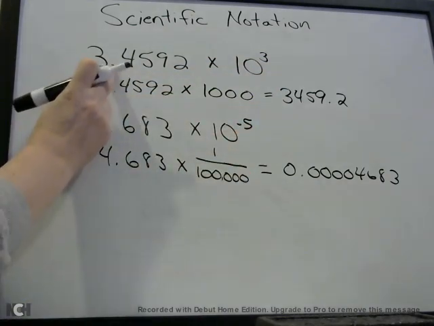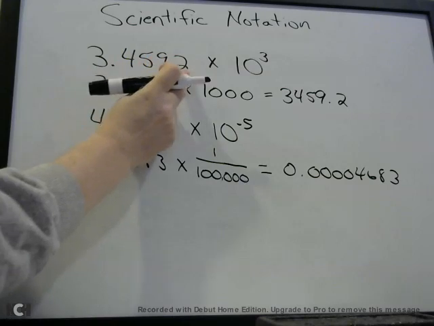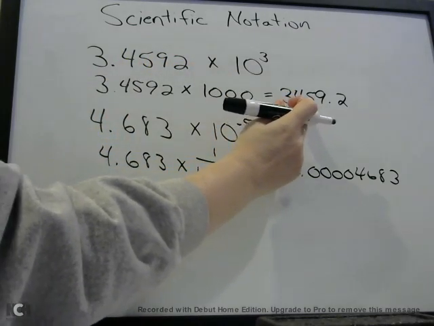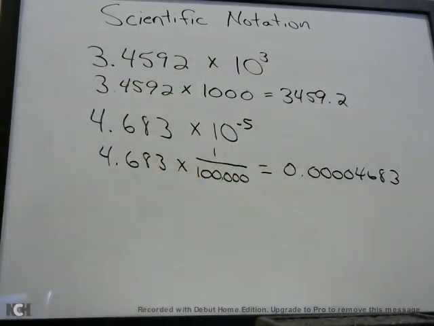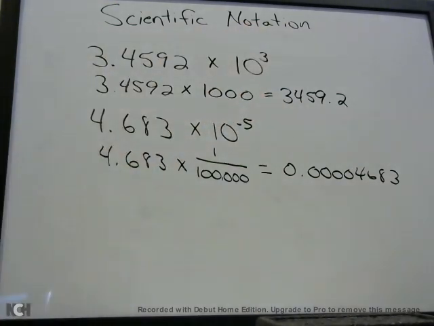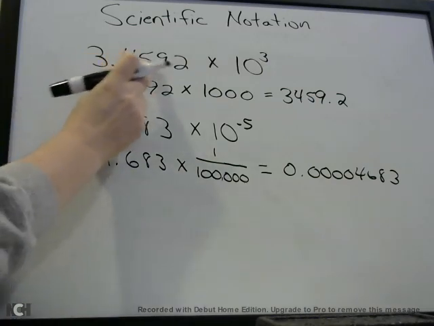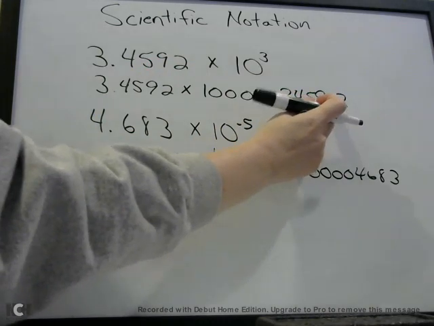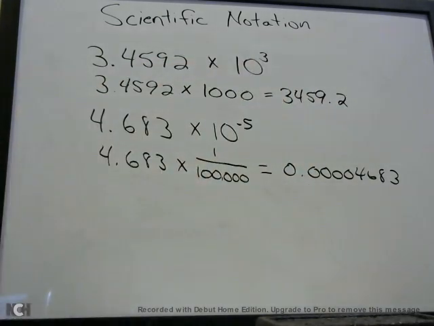The difference between 3.4592 and 3,459.2 is that there's a difference in the decimal point of three spots, and you'll notice there's a 3 on the 10. So we just moved this decimal point over 3 spots and we got the number.